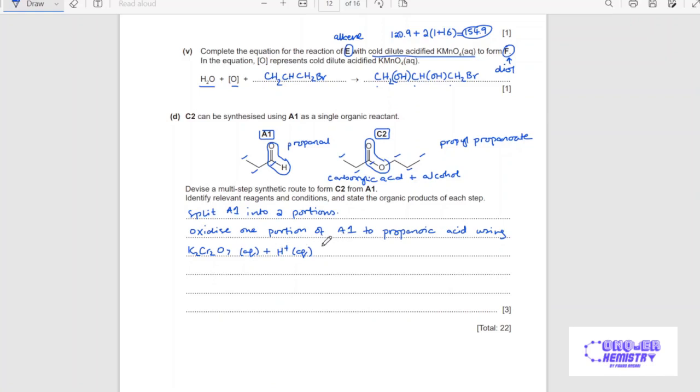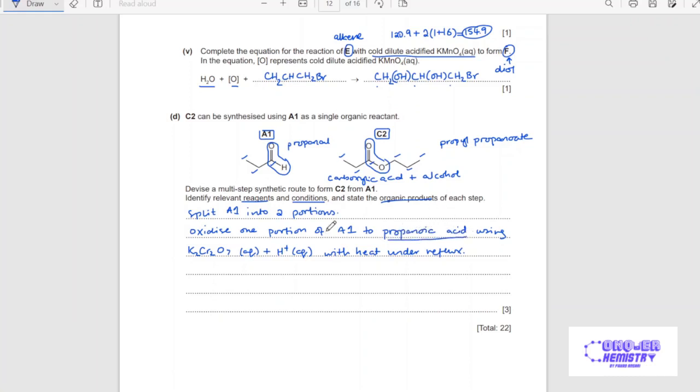You could also use acidified KMnO4, potassium manganate(VII), with heat under reflux. All right, so mention all the reagents and the conditions for each step, as they have told us over here. Okay, and we have to give the organic products of each step, and that is your propanoic acid right here for the first step.